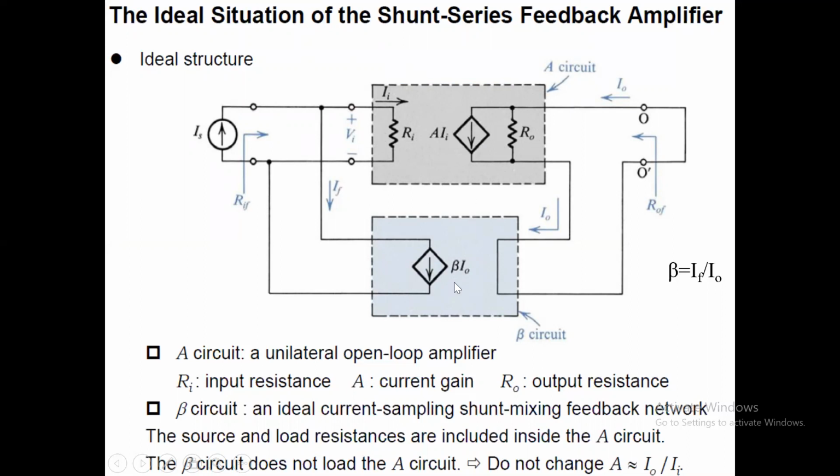In the feedback, we just have beta I0, which is equal to IF. Again, IS is equal to II plus IF. RIF and ROF are measured here, along with the input resistance, current gain, and output resistance R0. So beta is an ideal current sampling, shunt mixing feedback network.